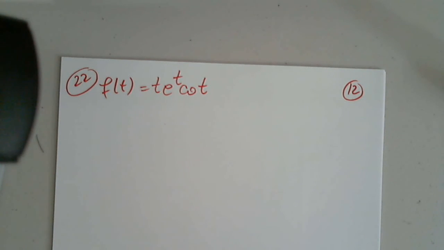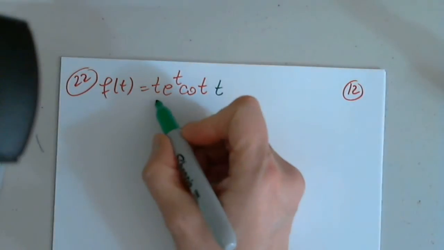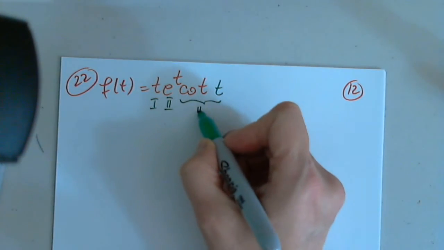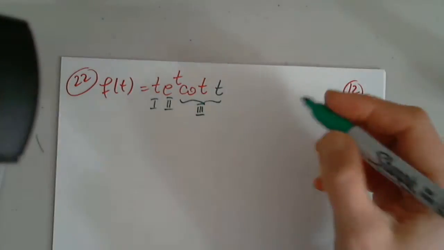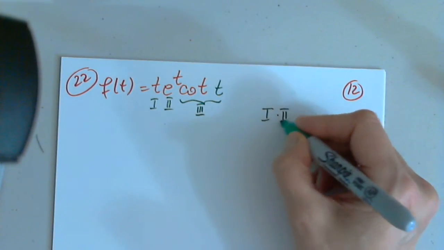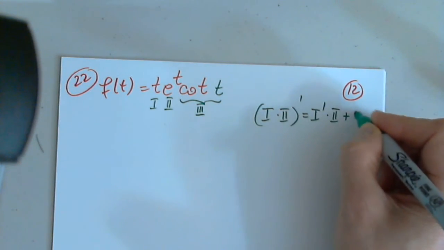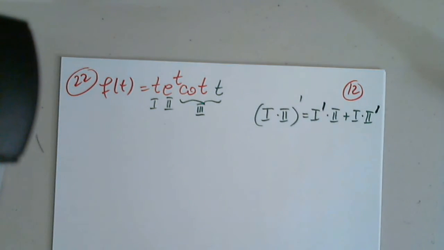Yeah, I didn't copy that by mistake. Sorry about that. Cotangent t. Okay, here's my problem. 1, 2, 3. I don't have a formula for 3. I have a formula for 1 times 2, which is 1 prime times 2 plus 1 times 2 prime. First and then second.